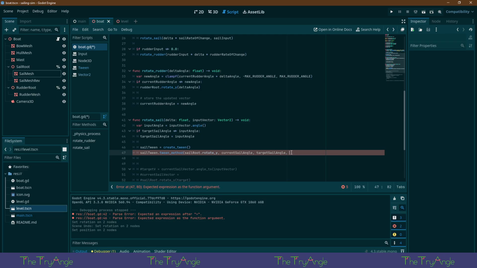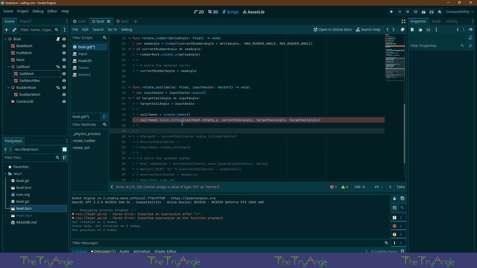Actually, it should be a product of the target angle. Because if the angle's long, I want the duration to be longer. If it's a small angle, I want it to get there quickly. I want this to be constant. And I feel like I should just be able to rotate this constantly. But that's not working. It doesn't get to the right spot.